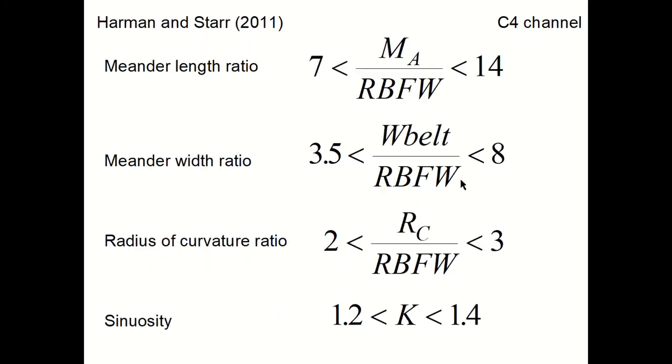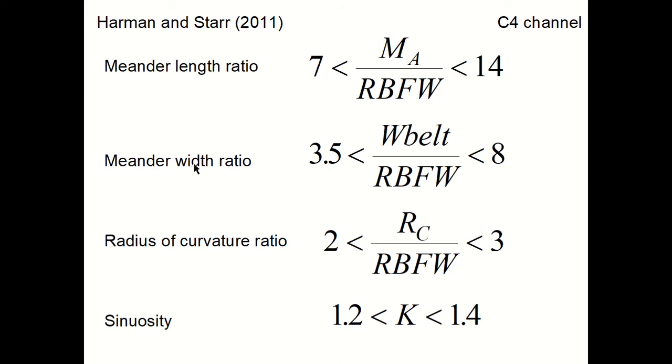So if we look at Harmon and Starr, for example, for a C4 channel, the meander length ratio, so the total length of the meander divided by the riffle bankfull width, is supposed to be between 7 and 14.